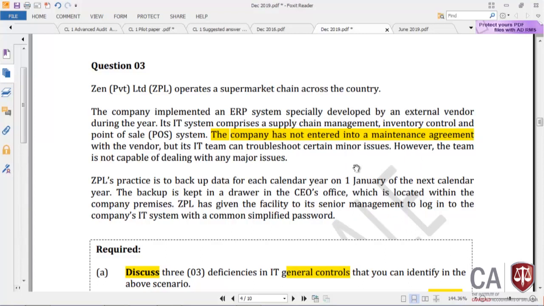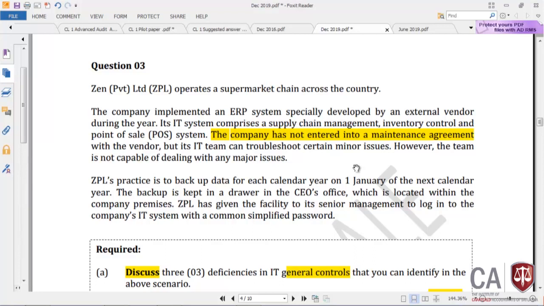The company has not entered into a maintenance agreement. You need to understand this is very specifically tailor-made software for us. In such circumstances, what will happen if they don't support us? We are finished. Unless you have an agreement, there will be a problem.